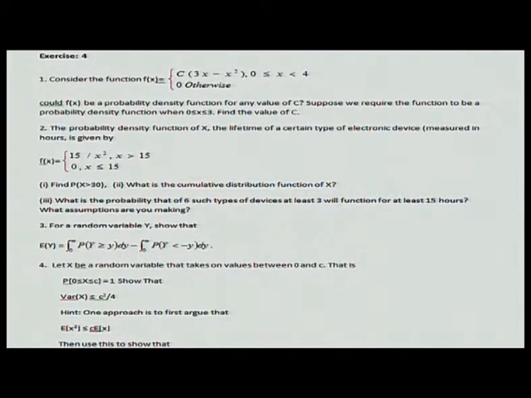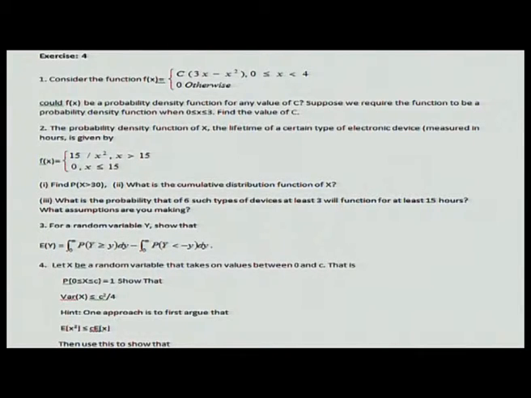Question 3. For a random variable y, show that E(y), the expected value of y, is the integral from 0 to infinity of probability y greater than or equal to t dt, minus the integral from 0 to infinity of probability y less than minus t dt. Actually, question 5 should precede question 3. In question 5, I am asking you to do the same thing for a non-negative random variable y.